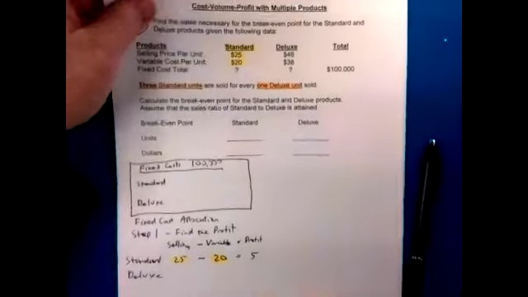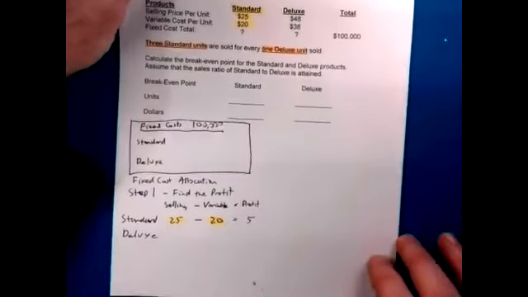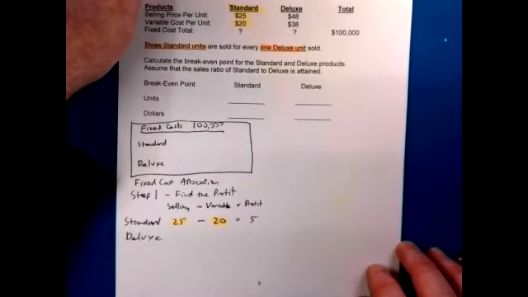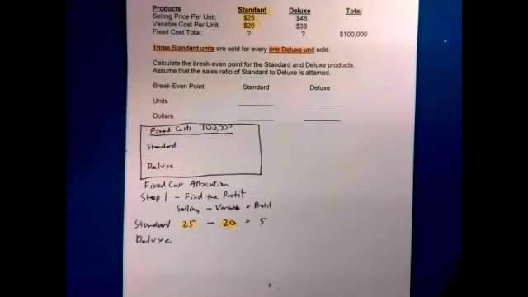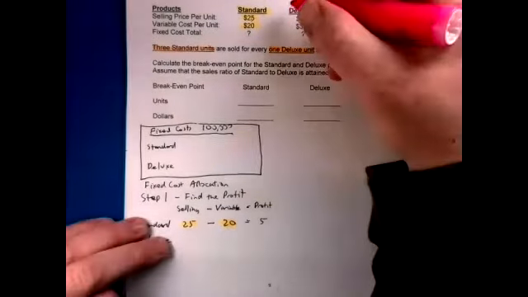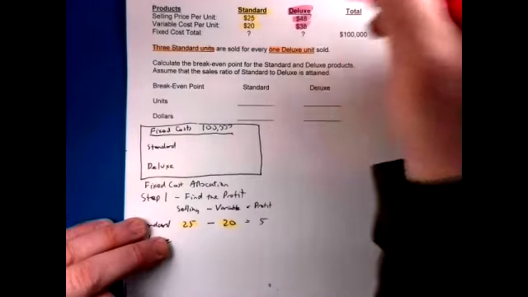Let's go higher. Oh, that won't be enough. Yeah, let's go with that and see what happens. And we're going to do the same thing for the deluxe. So here's the deluxe.